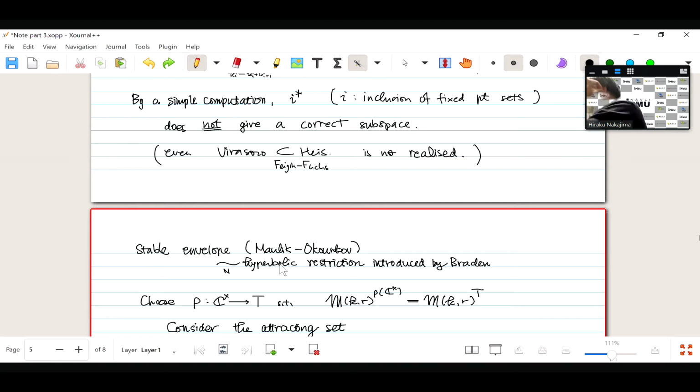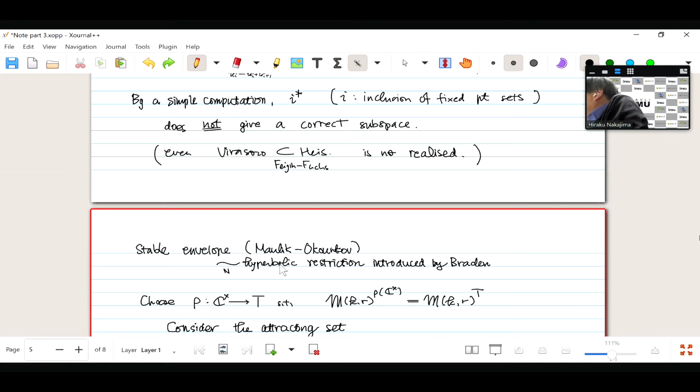And it's not my purpose to explain those tools in my lecture. Several years ago, I explained those at the Park City conference, and the lecture note was published by the AMS.